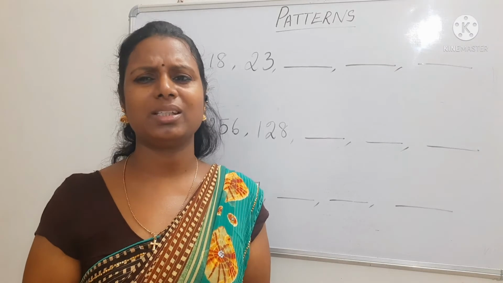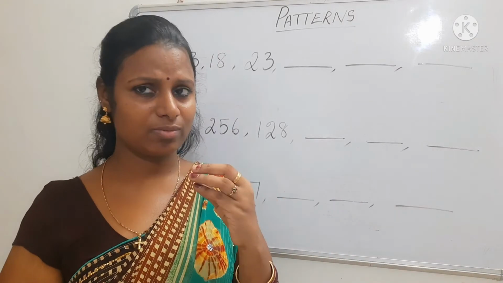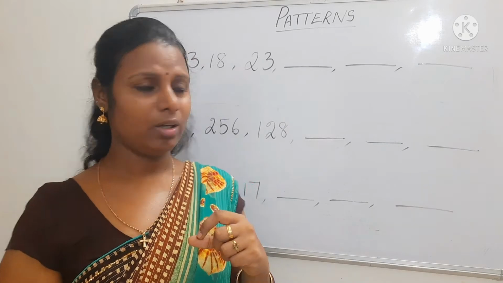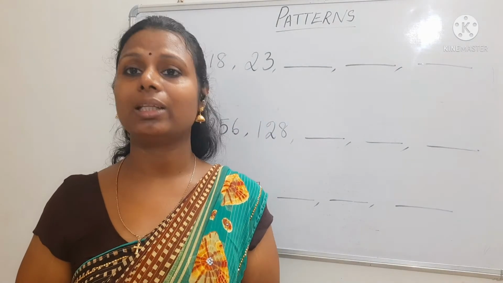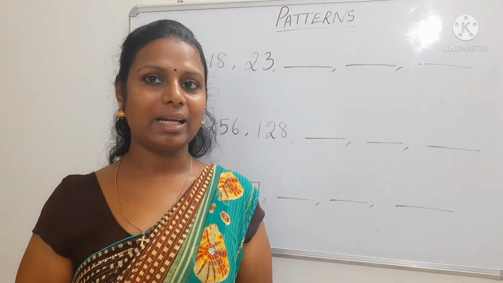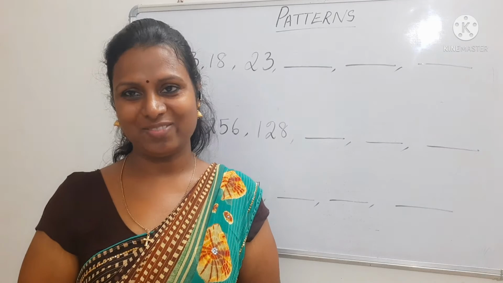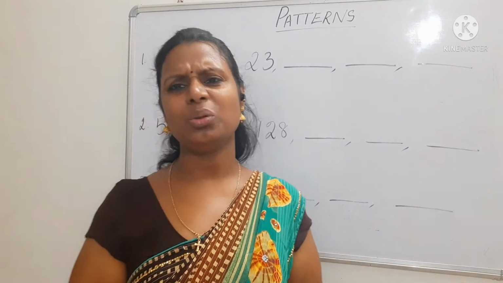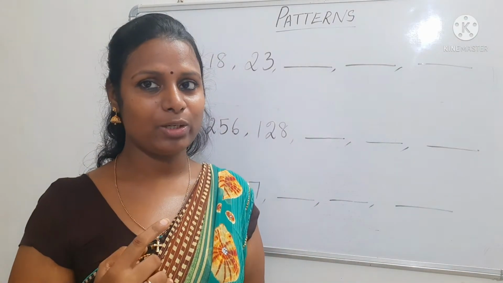So we are going to find out which one. If the numbers are increasing, that can be addition, otherwise multiplication. If the numbers are decreasing, that can be subtraction or division. So we are going to keep these things in our mind and find out the best way.